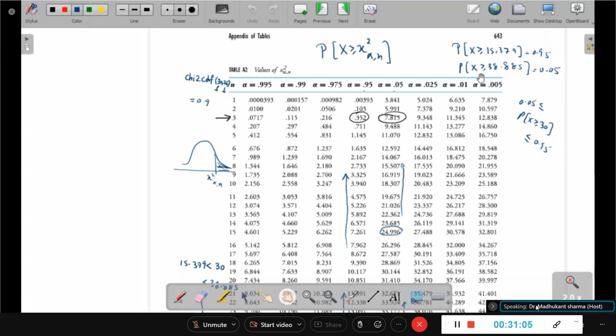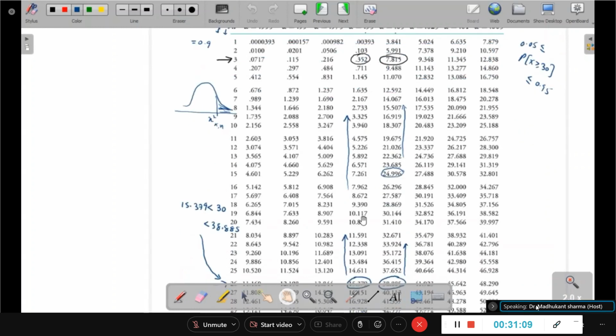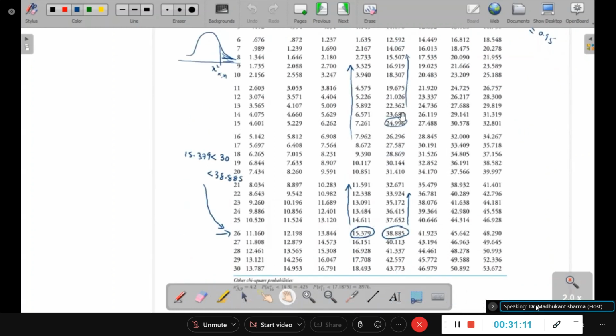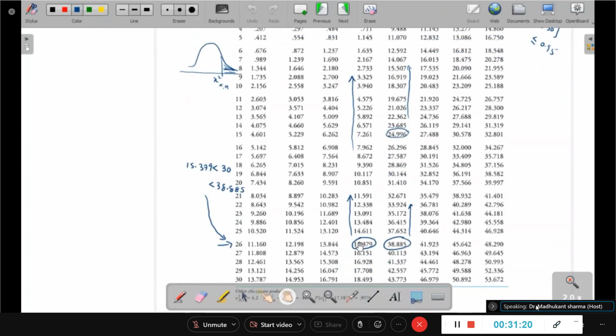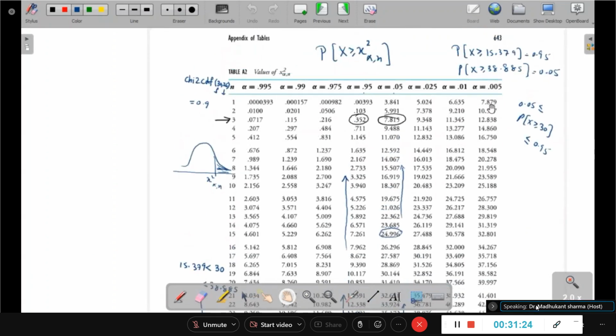So this is giving probability of x greater than or equal to 38.885: if you go to the column above, alpha equals 0.05. Another is for x greater than or equal to 15.379, which is 0.95. So you have to choose these two.